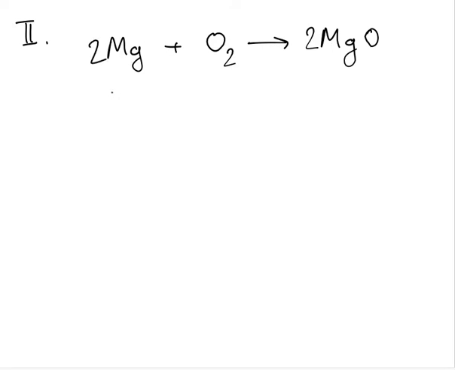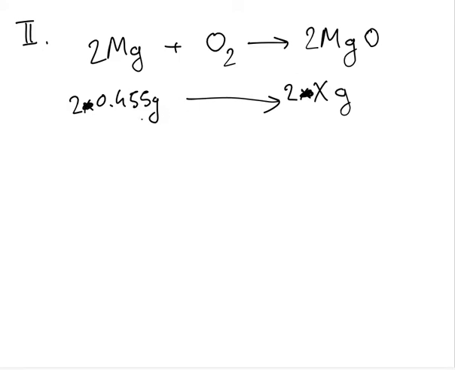Now, let's see. We have here the mass 0.455 grams, and it reacted with oxygen, and we don't know the mass of magnesium oxide. We know the molar mass of magnesium, so we can write 2 times 0.455 grams, 2 times x grams.